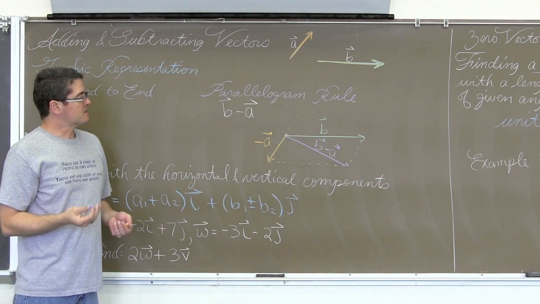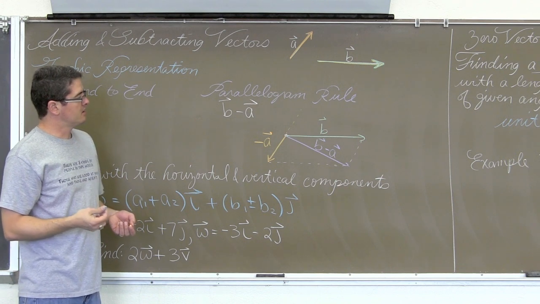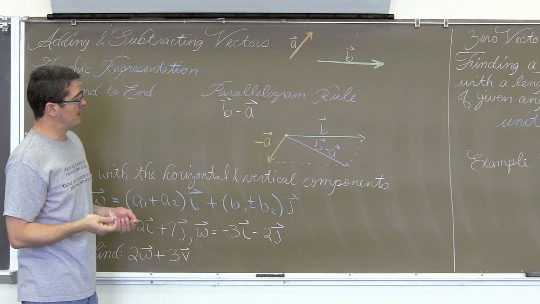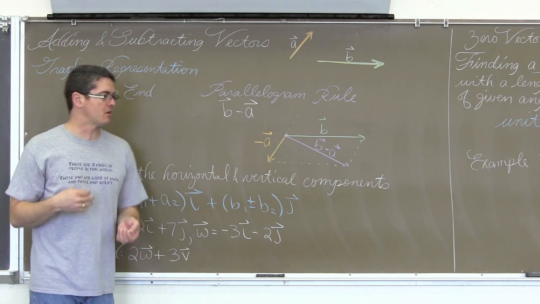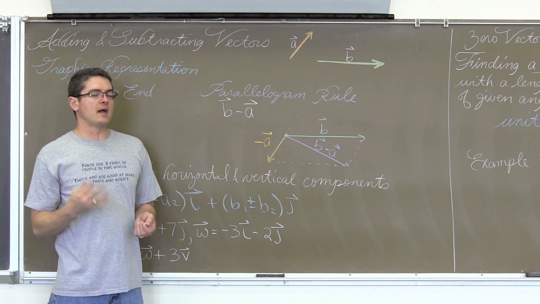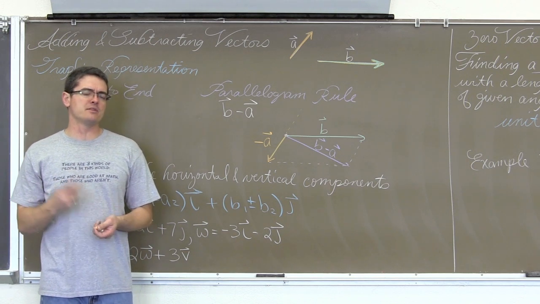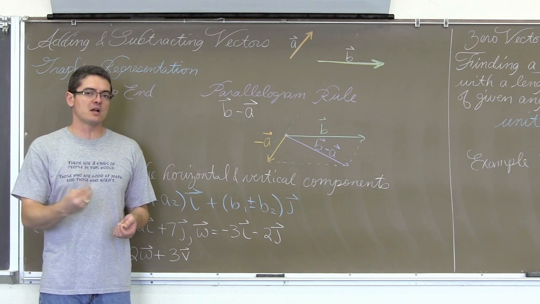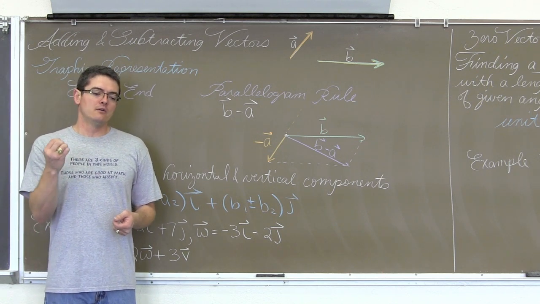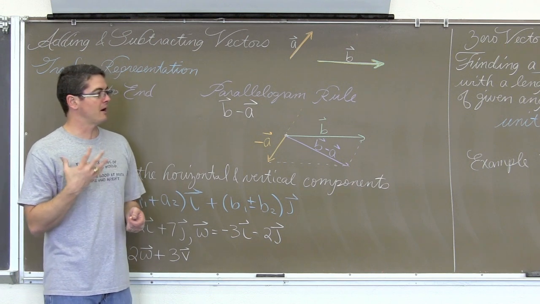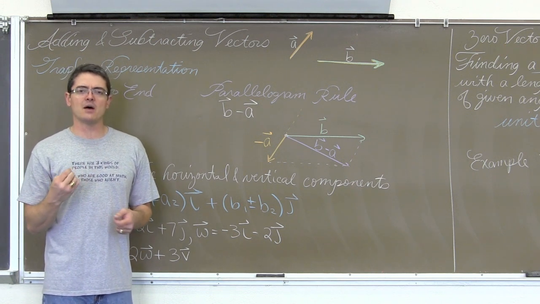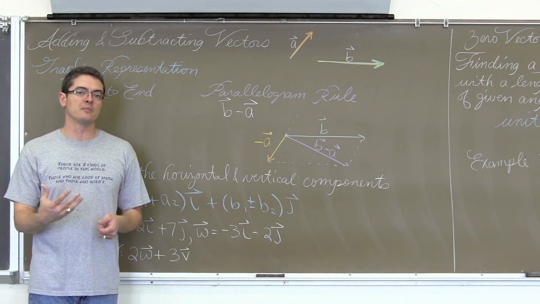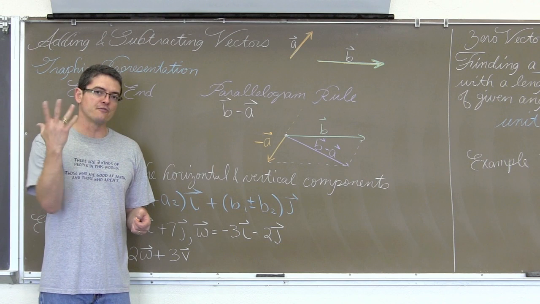Now, a couple of things. One restriction, or one thing I don't like about the parallelogram method, is if you have more than just 2 forces working together, if you're trying to find the resultant of more than just 2 vectors, I find personally using the parallelogram rule rather difficult, because how are you going to draw a parallelogram when you have 3 or 4 vectors working together on this particular object?